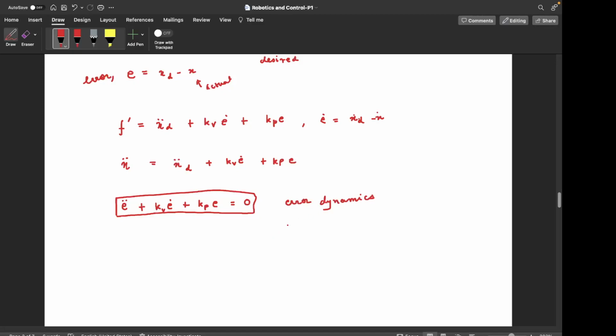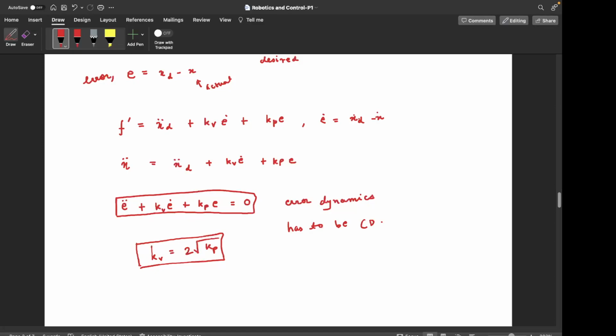And this has to be, we can make this overdamped also, but generally we have to keep it at least critically damped. So again we use the critical damping relation, and we get kv is equal to twice the square root of kp.